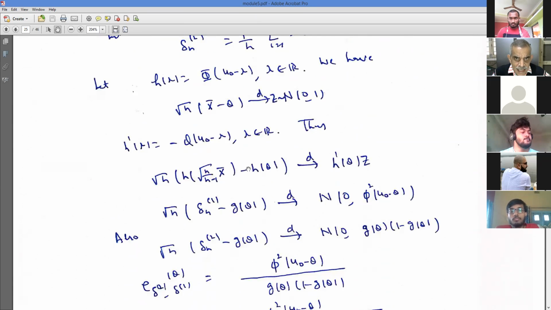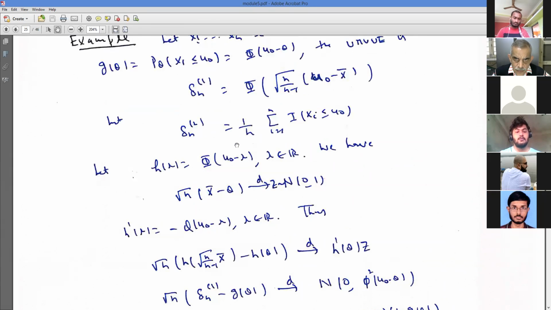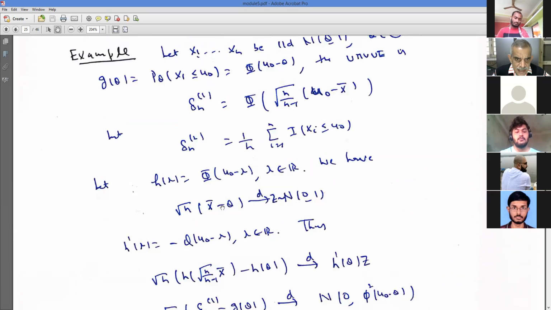Here you are asked just to find... it is saying to consider Hx as U0 minus X bar. Then root n X bar minus theta goes in distribution to normal 0, 1. If I consider Hx to be phi of U0 minus... I should consider H of Cn X bar.